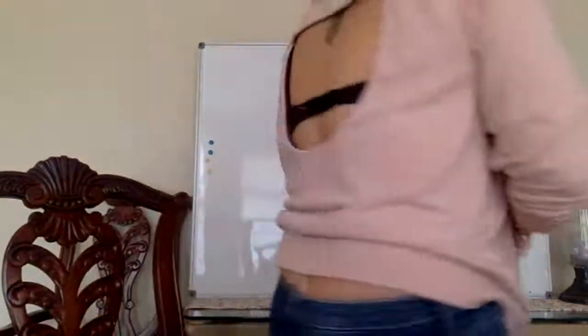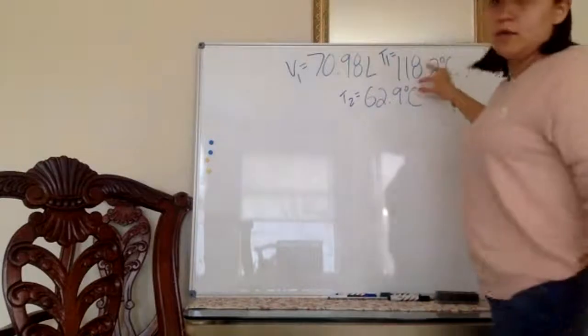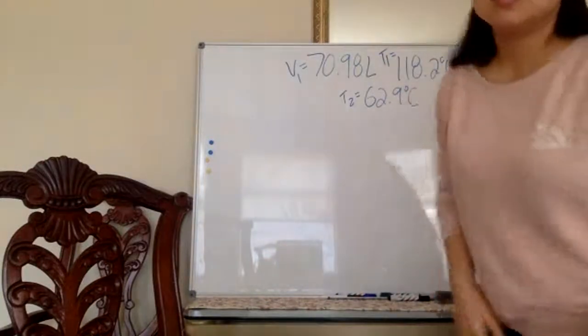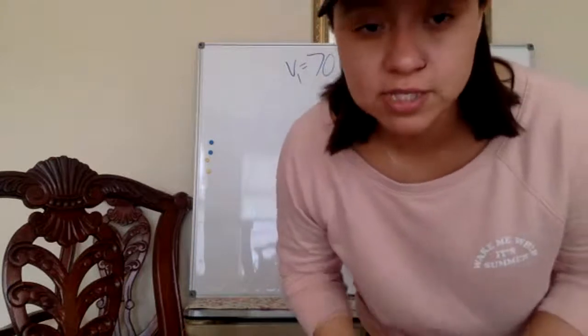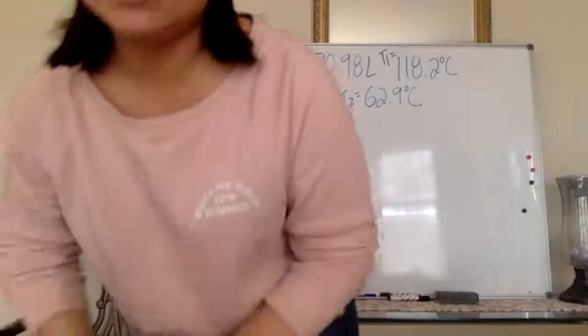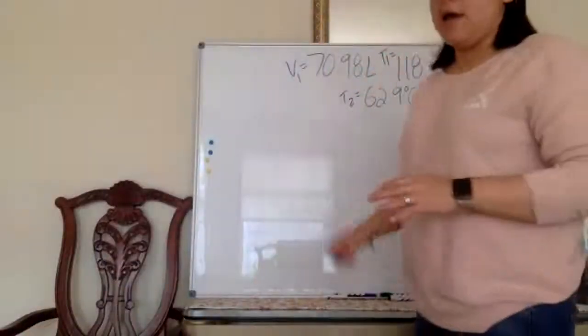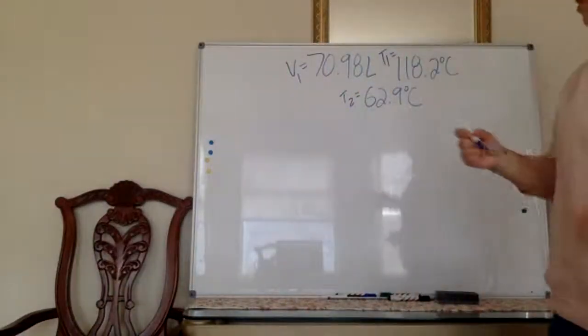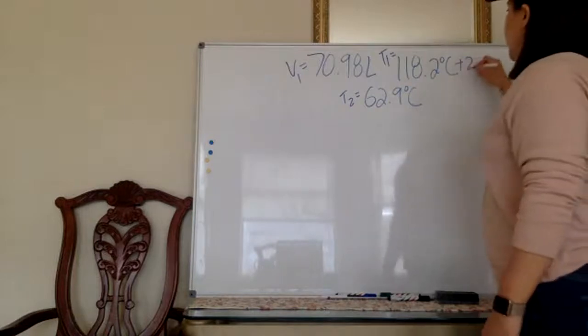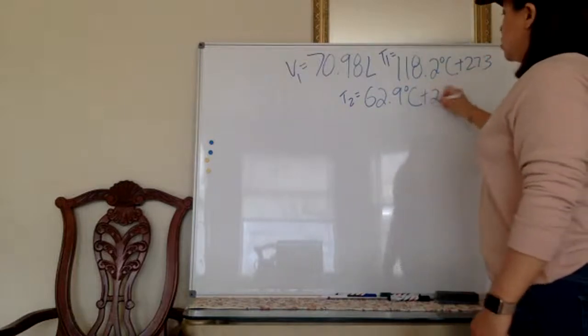But before we do that, you guys need to remember Celsius. You need to turn Celsius into Kelvin. We cannot use Celsius because it's not usable regarding any of these laws, so we have to turn it into Kelvin. That means we just add 273 to each temperature.